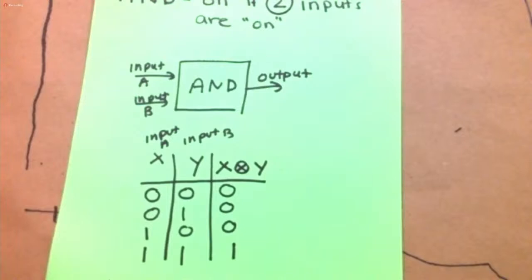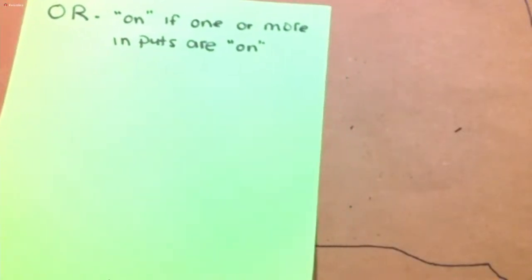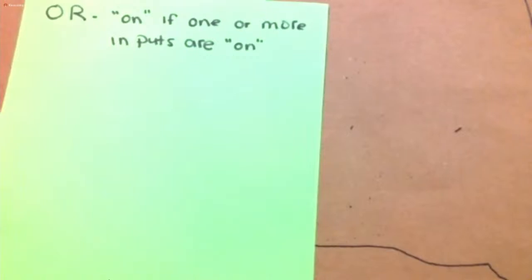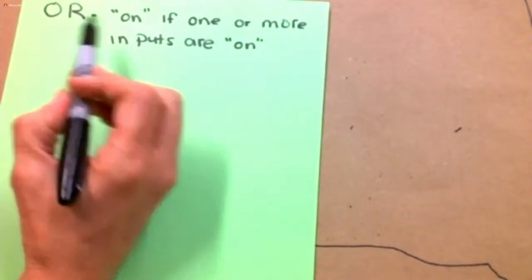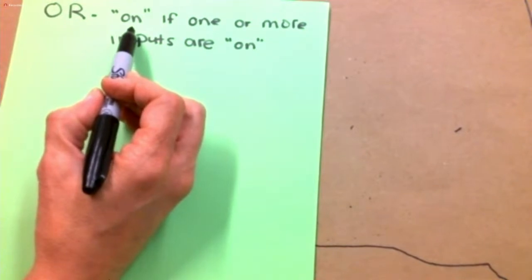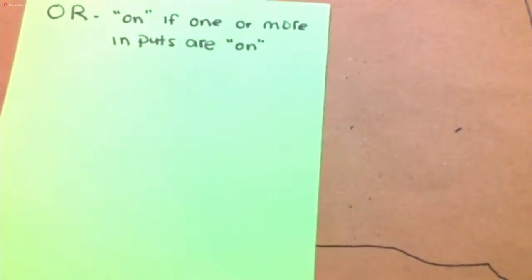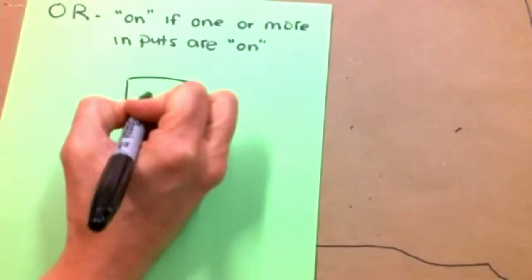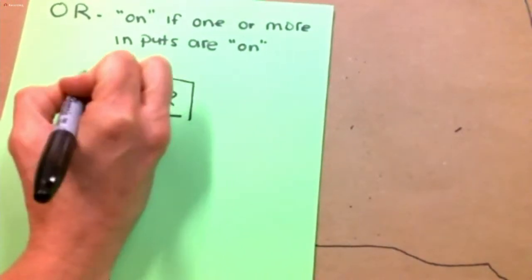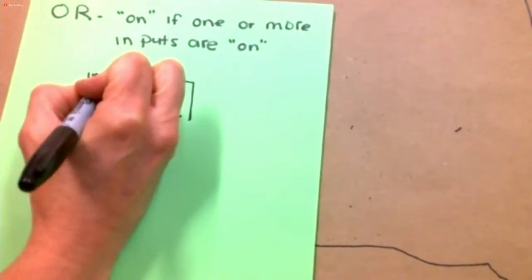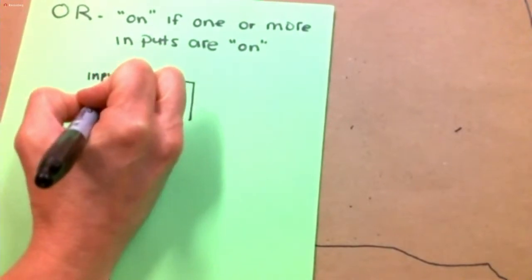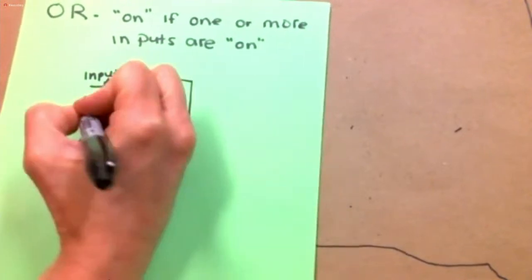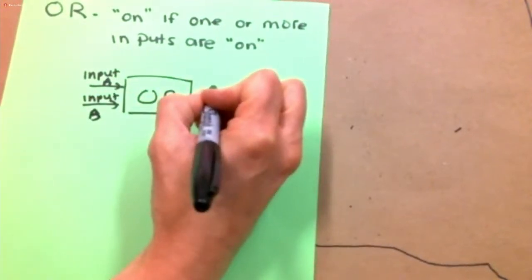All right, so then we'll do our last one. Look at the OR gate. OR, by definition, has an on output if one or more inputs are on. So again, this is going to be some kind of gate that takes, we'll do two inputs, input A and input B, and has an output.